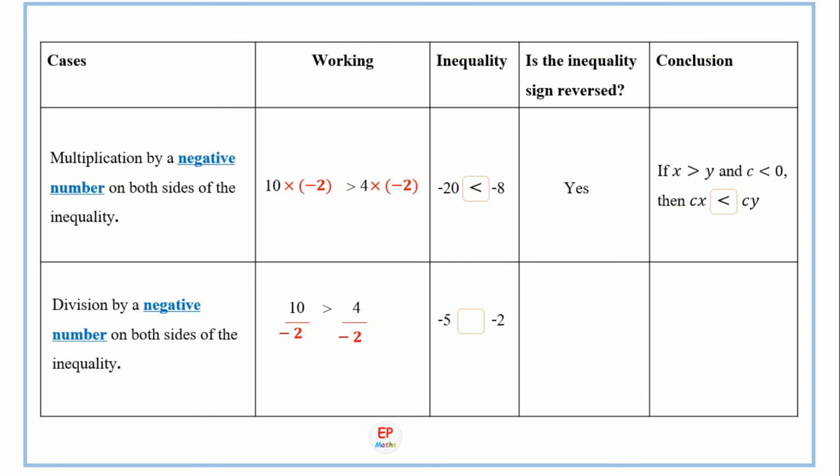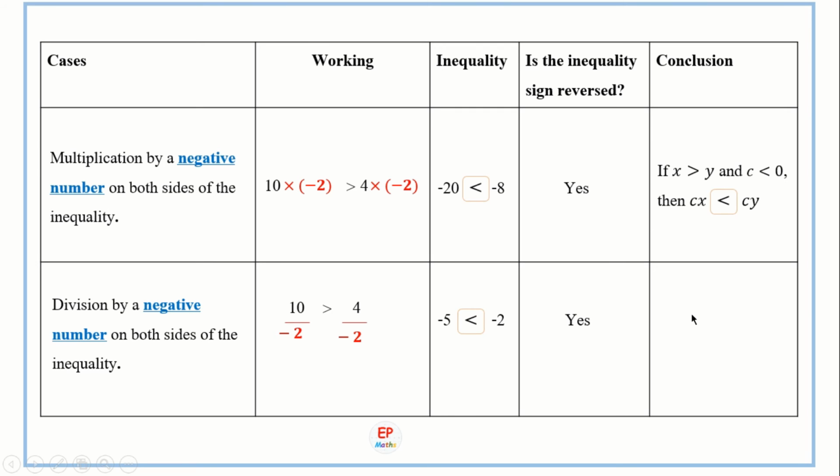Now look, negative 5 and negative 2. We know that negative 5 is smaller than negative 2. So we have got less than. Check. Before the working, we have got more than. After the working, we have got less than. So the sign has been reversed.